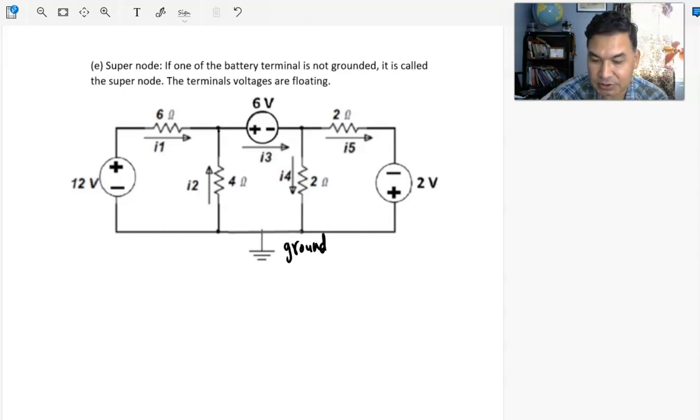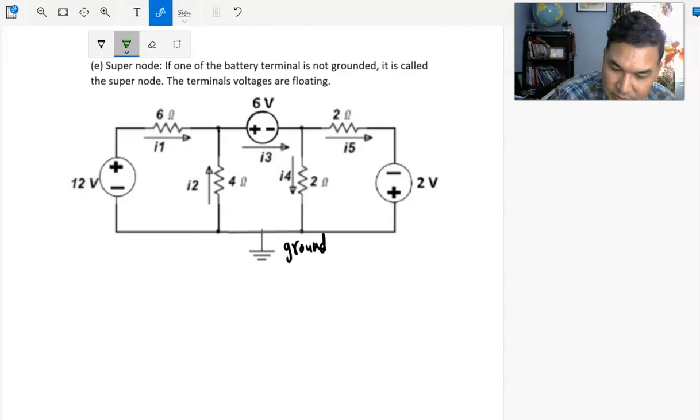We know the difference in voltages is 6 volts, but these two voltages will be floating. Floating means they could be at any voltages. But we know the difference should be 6 volts, but we don't know the individual V1 and V2. So let's solve problems like that. It's called a supernode.